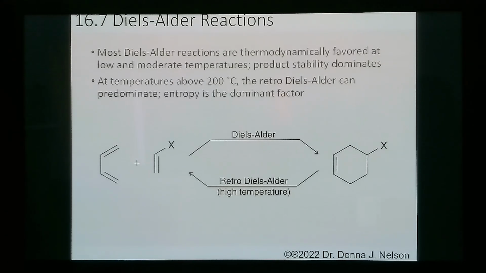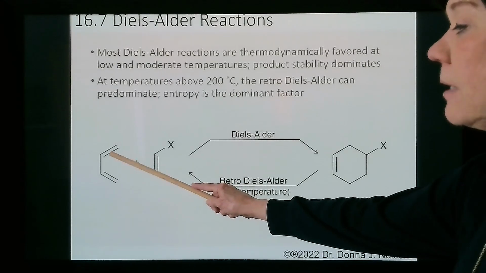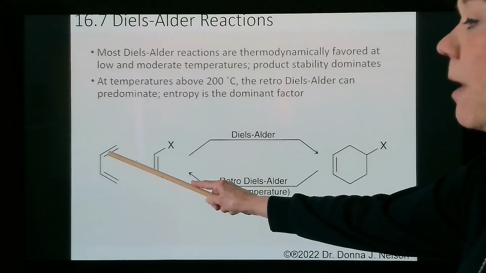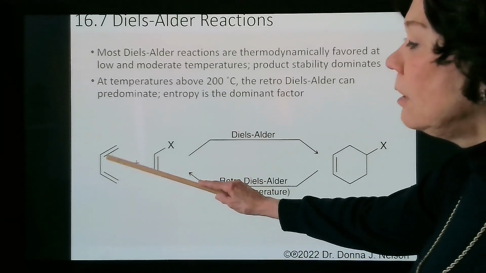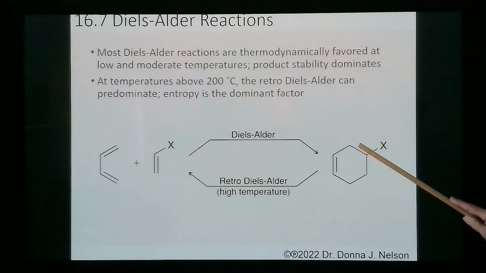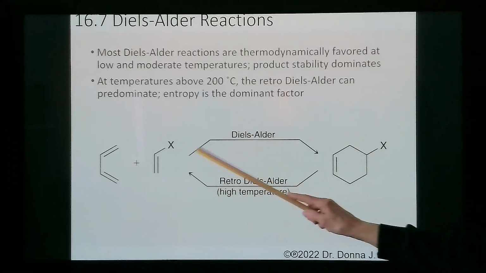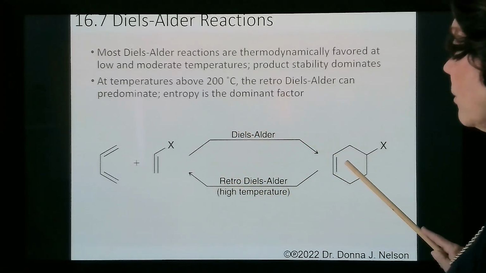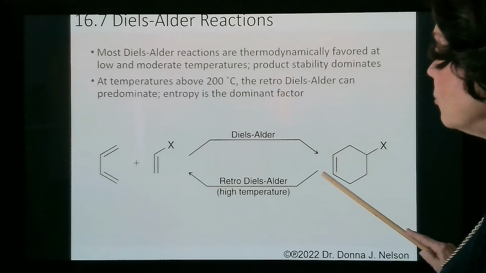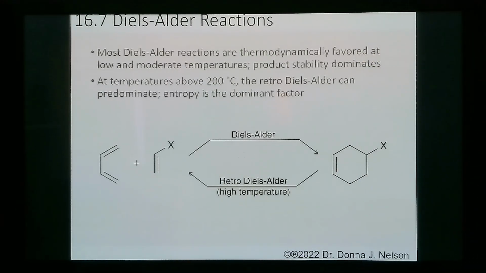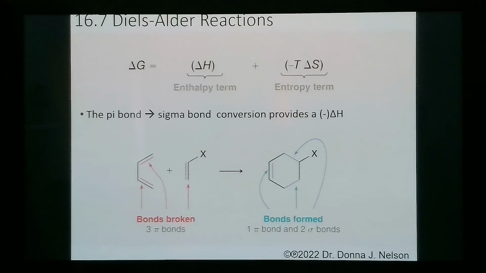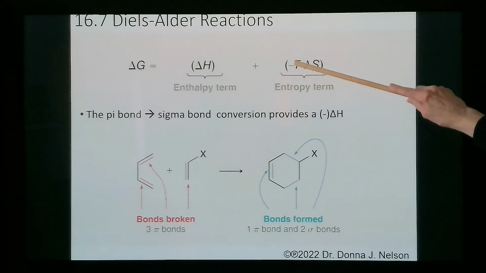So the strength of a pi bond, I'm not talking about a double bond, I'm talking about just a pi bond. The strength of the pi bond is less. So you're losing 2 pi bonds and gaining 2 sigma bonds. And so thermodynamically, the forward direction is favored. Entropically, the retro is favored. And so that means that the determining factor here comes down to what's the temperature.